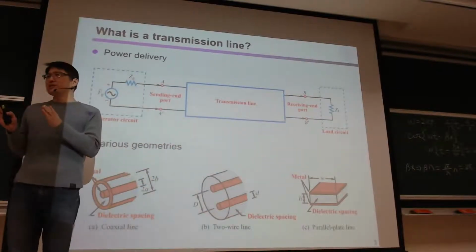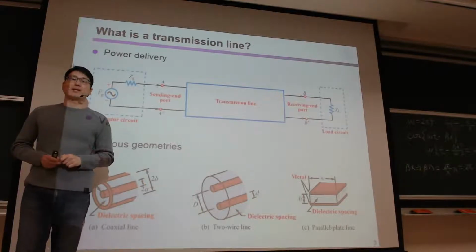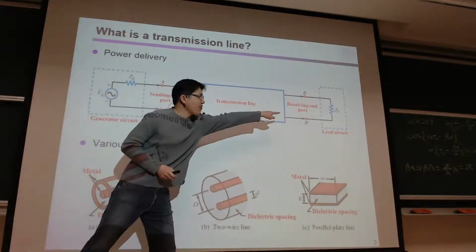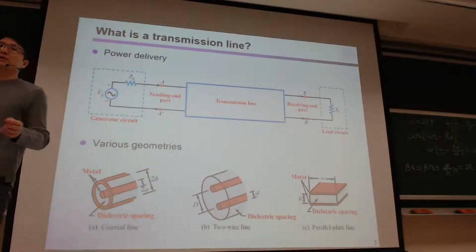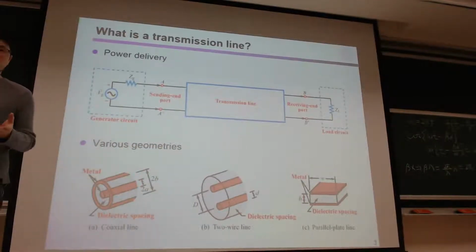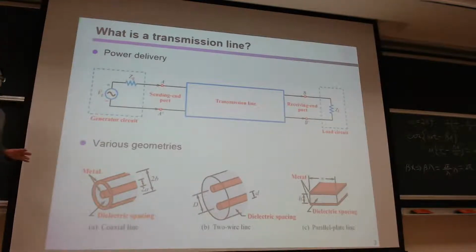So the main question is, over a long distance, meaning this length can be very long, a few hundreds of kilometers or even thousands of kilometers, right? So in that case, we don't really know how to solve this system, right?